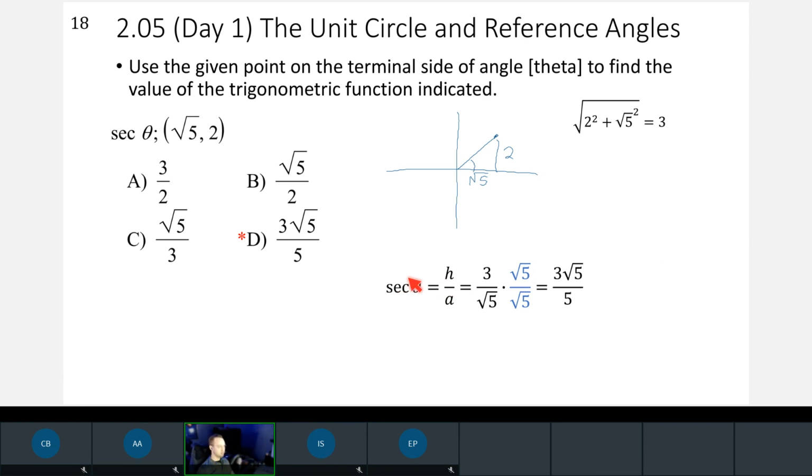You need to know that. At this point, off the top of your head, you need to know that cosine and secant are inverses, sine and cosecant are inverses, and tangent and cotangent are inverses. At this point, you should know those.